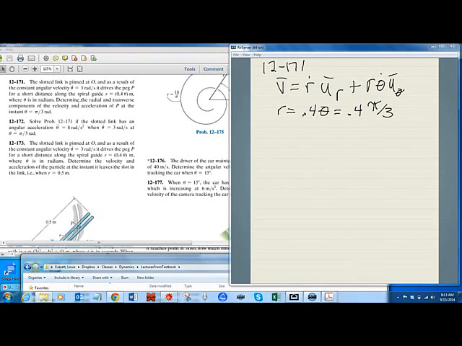Okay, so I got the r. How about the r dot? If r is 0.4 pi over 3, r dot would be 0. Is it 0? Why? Sure looks like 0 to me. Right? Isn't that a constant? What's the derivative of a constant? 0. So why isn't r dot 0?